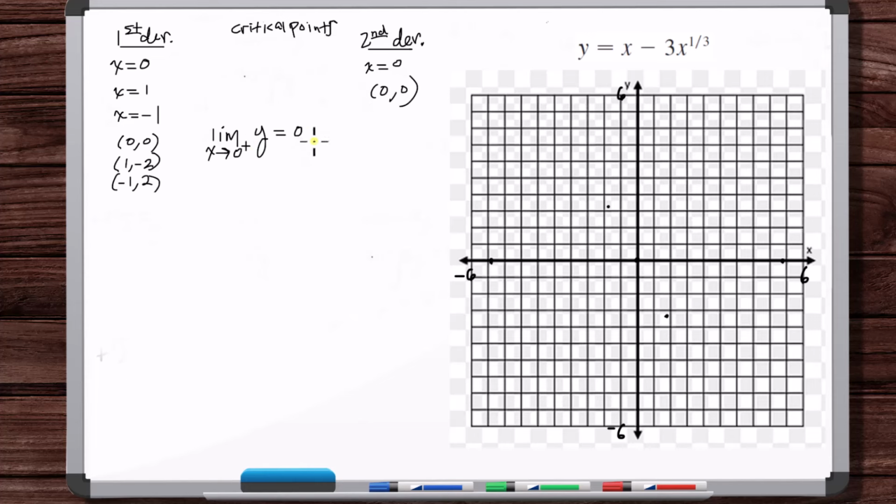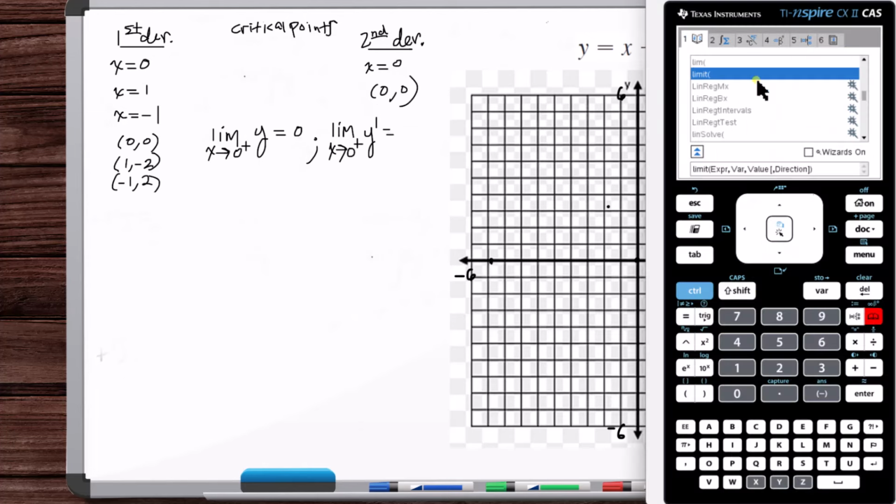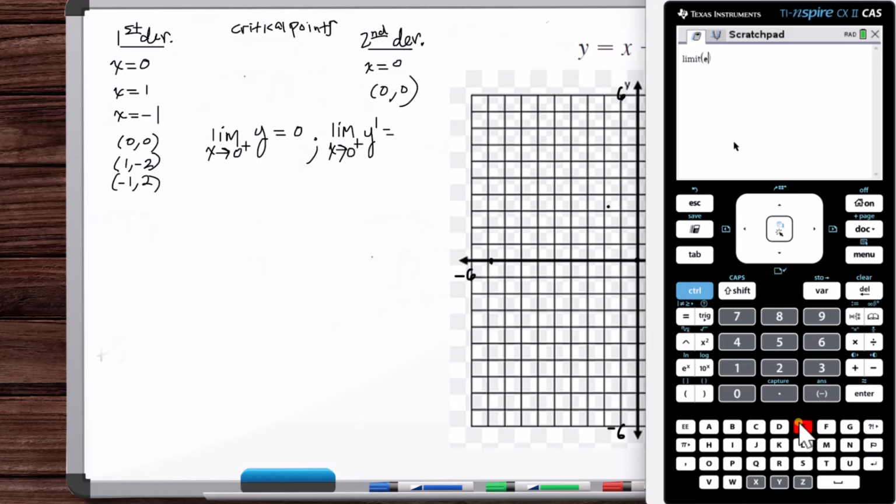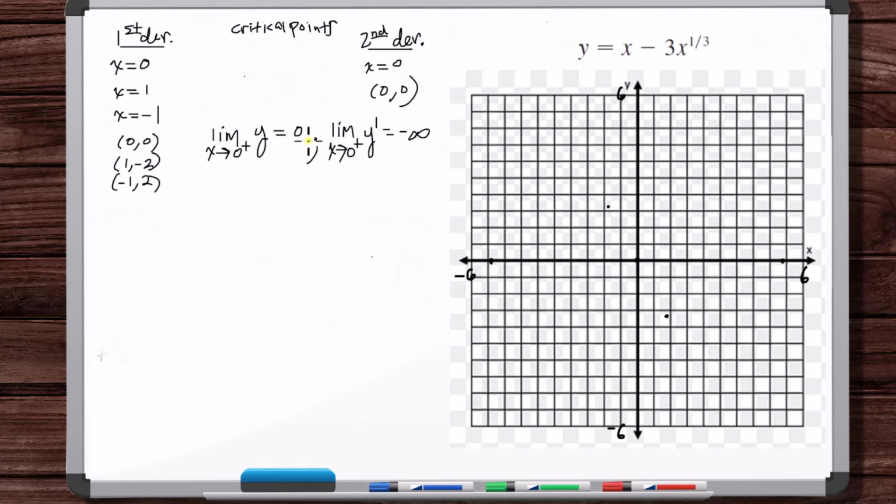Now what is the limit as x approaches 0 from the right of y prime? So the limit of equation E with respect to x approaching 0 from the right, of the derivative d. Negative infinity. Okay. What is the limit as x approaches 0 from the left of y prime?